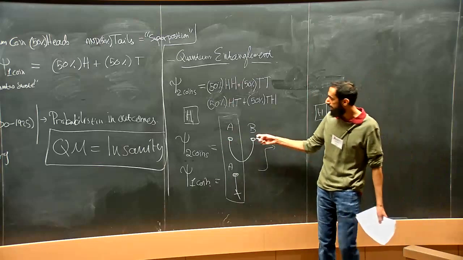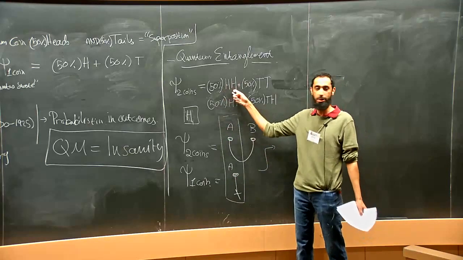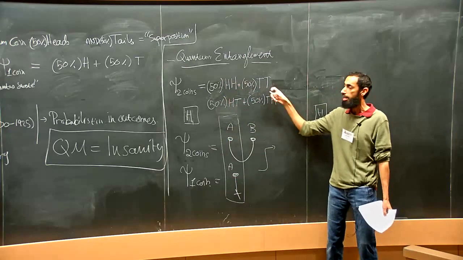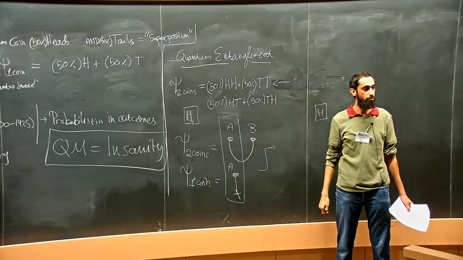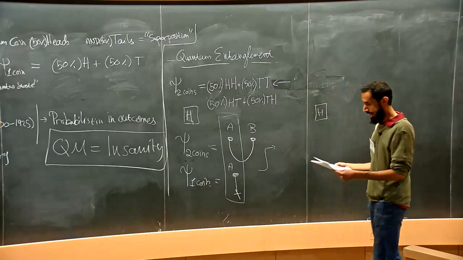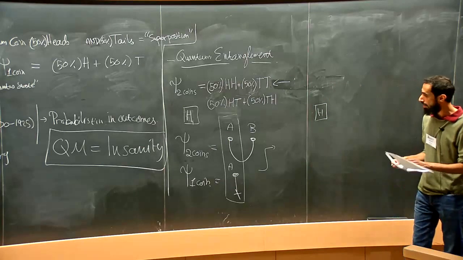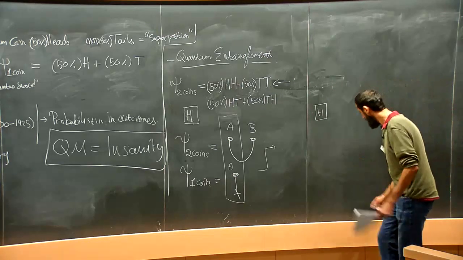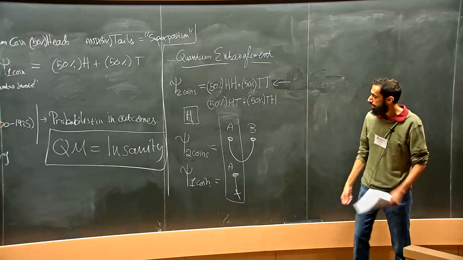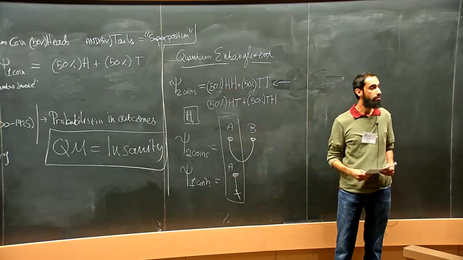Because you need somebody to tell you that if you found heads, then B is also heads, and if you found tails for A, then B is also tails. Then you can pin this down. And the culprit here is the fact that A and B are entangled.